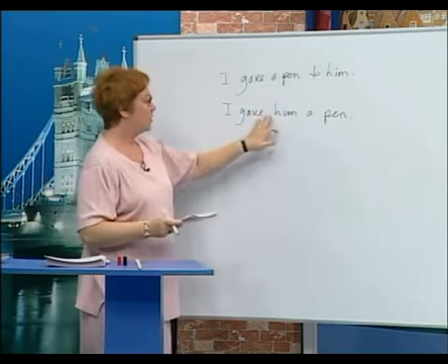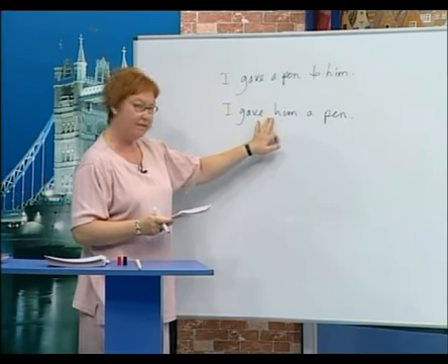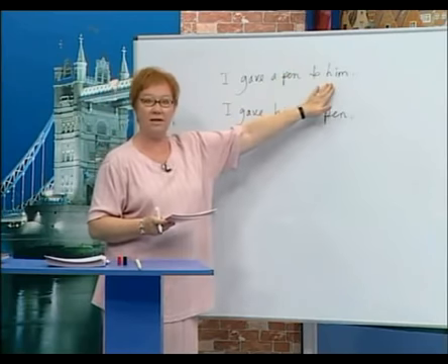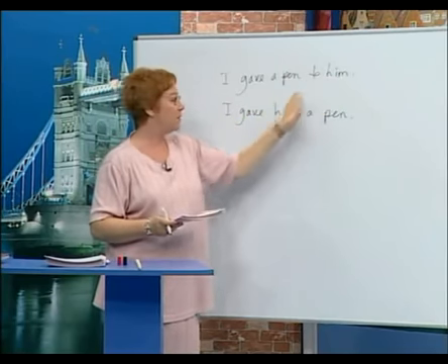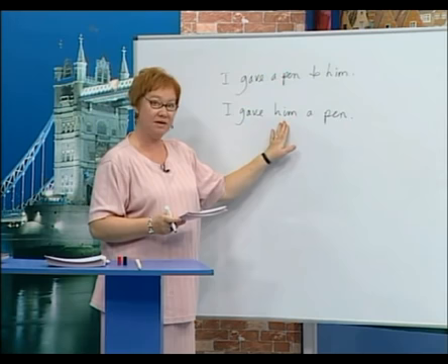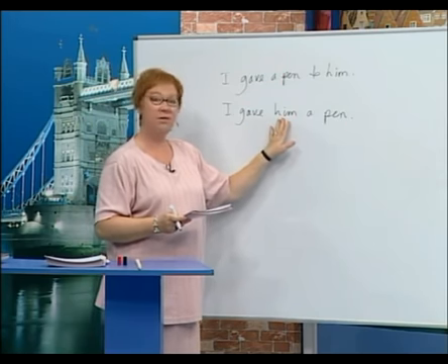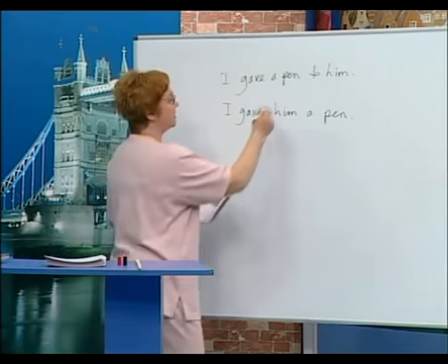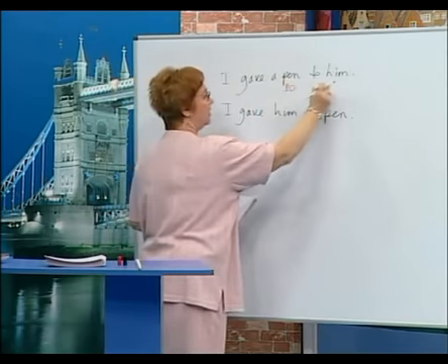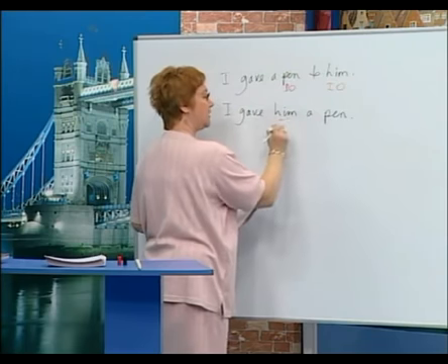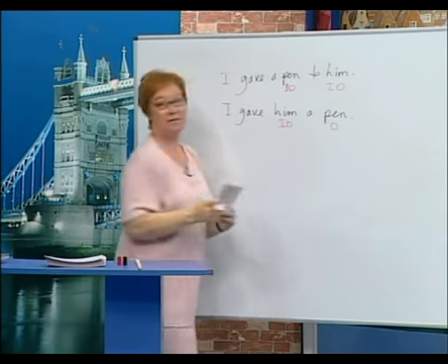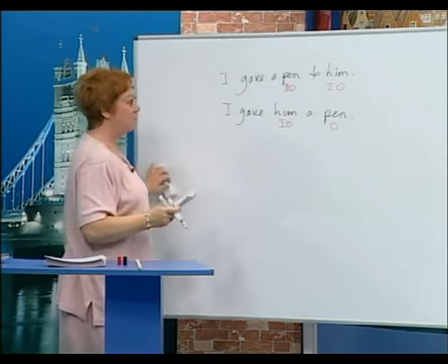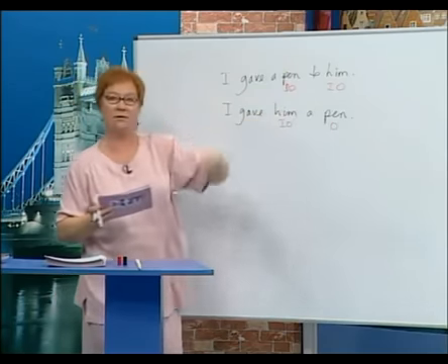Now, there's no to here. Here there is because we have direct object, indirect object. When we put it here, it's still the indirect object, but there's no to, no for. Okay? So they're the same. But when we move it, we take out to.